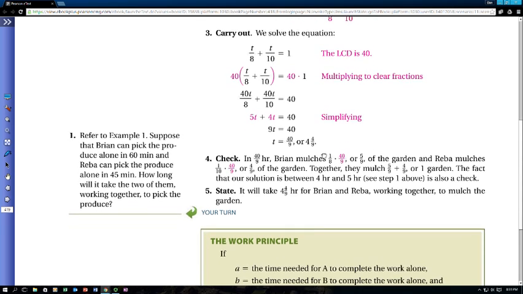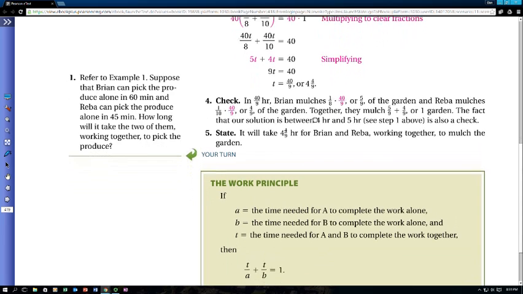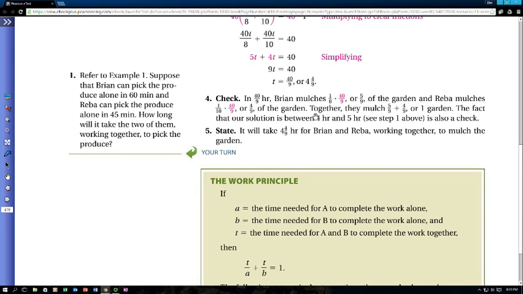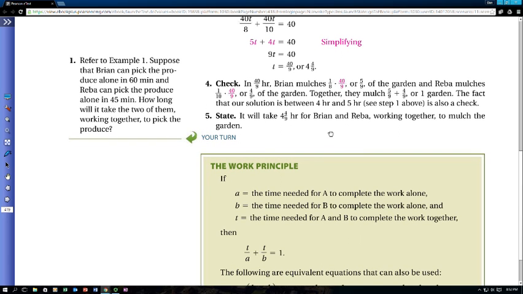We're looking for time. If you took ninths, you'd probably take that into a whole translation process of saying hours and minutes and stuff, but they don't do that here, so they just put it into hours. But I'll take that as an answer. 40/9ths hours would be the amount of time it would take both of these people to do this garden together.